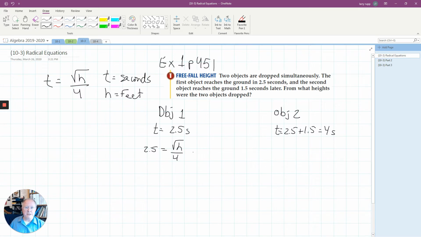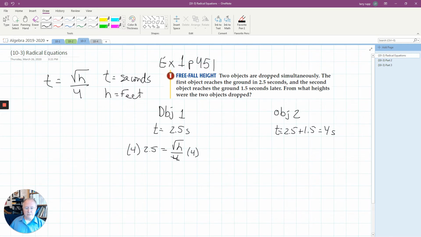Remember PEMDAS? Radical sign takes precedence over division. That means that we undo what's being done last. Right now, last is divide by 4. So we need to multiply both sides by 4. So PEMDAS rules even here.